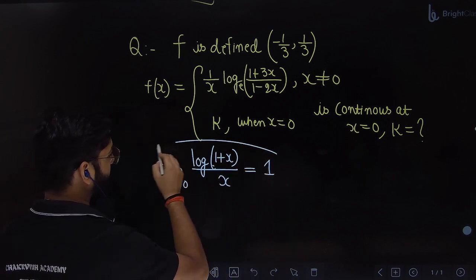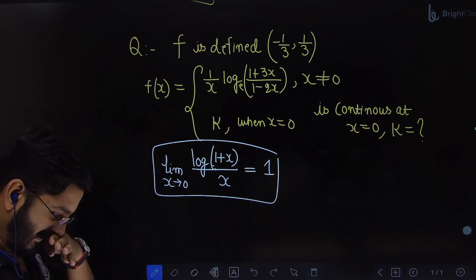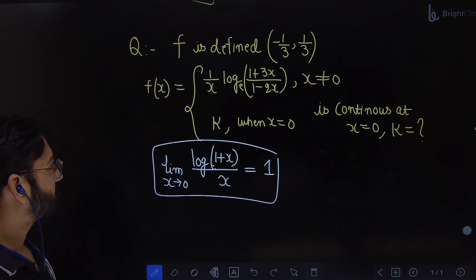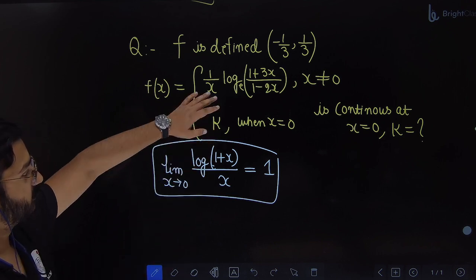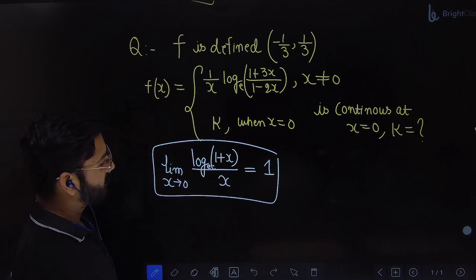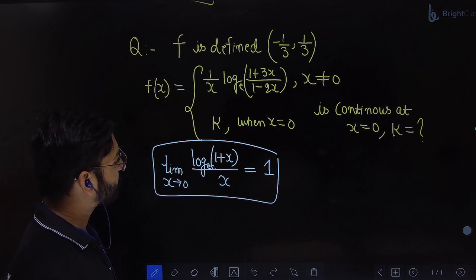This is the standard limit. We will use this in this problem. So the base is e, natural log. So log of 1 plus x divided by x, x tending to 0 is 1.